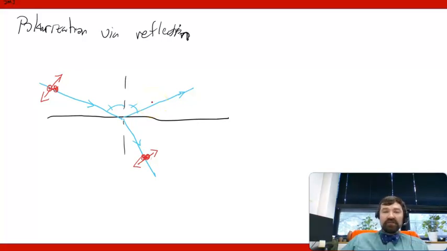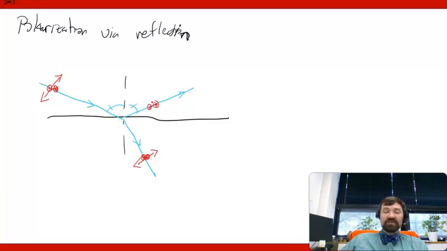Essentially, the component which has a parallel part to the surface normal is preferentially transmitted in such a way that you can get, for some angle, light which is entirely polarized in the direction that is perpendicular to the plane.